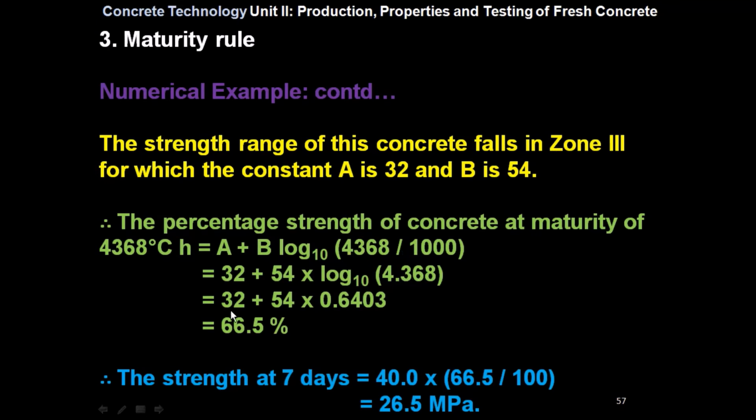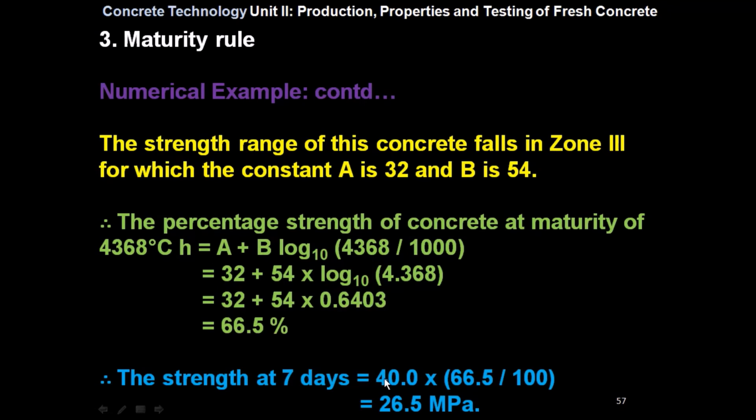So 32 plus 54 multiplied by log to the base 10 of 4.368, which is 0.6403. So 32 plus 54 multiplied by 0.6403 comes to 66.5%.